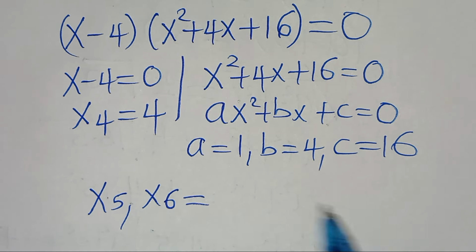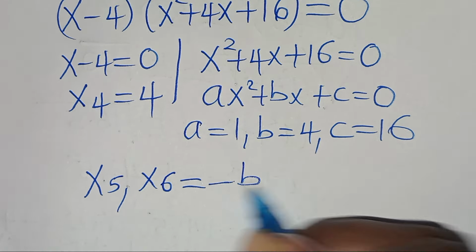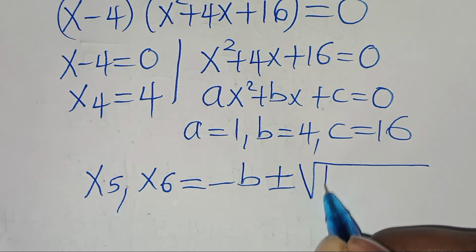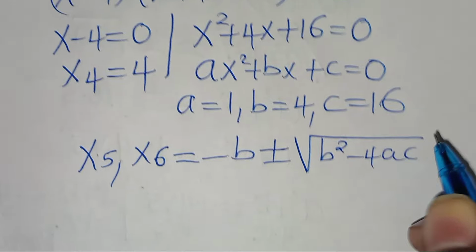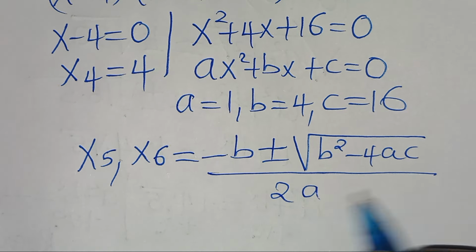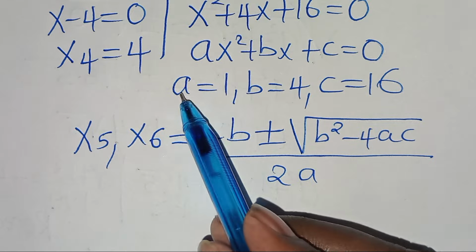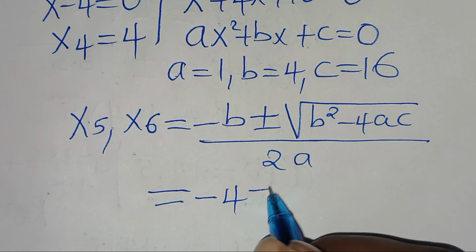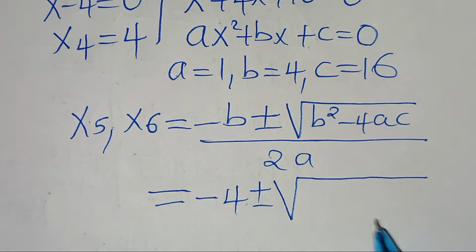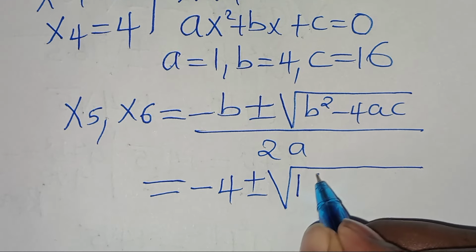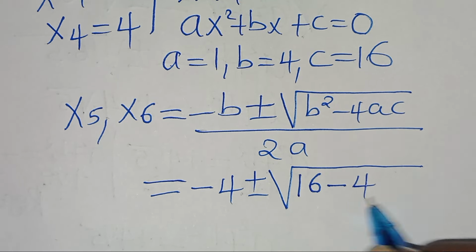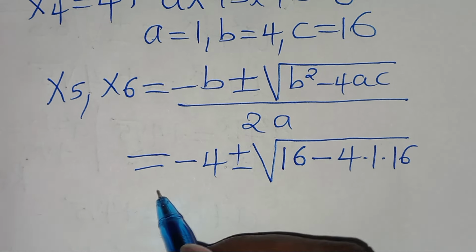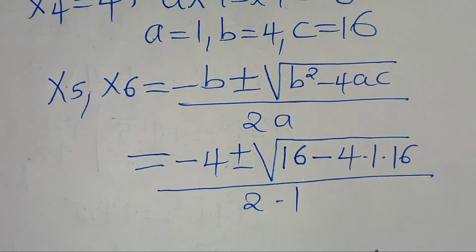So we can solve for x5, x6, which we can express as minus b. We apply the quadratic formula: minus b plus or minus the square root of b squared minus 4ac, everything here divided by 2 times a. Let's substitute the values of a, b, and c, so that we have minus 4 plus or minus the square root of b squared, this is 4 squared, which is 16, minus 4 times a, which is 1, then times c, which is 16, everything here divided by 2 times 1.